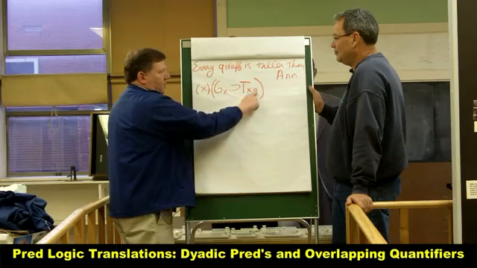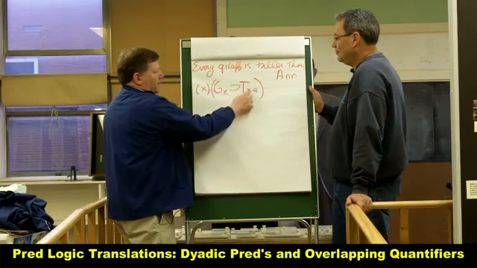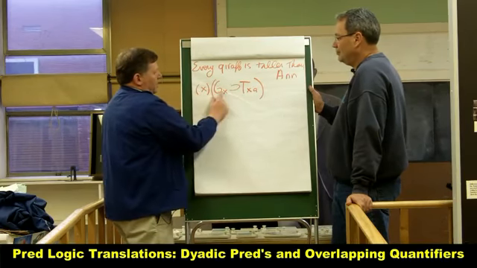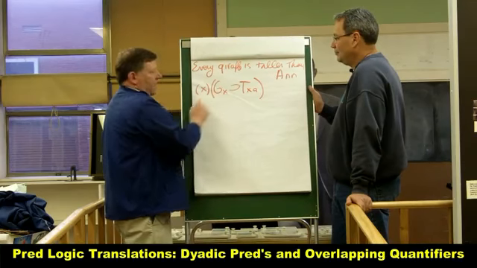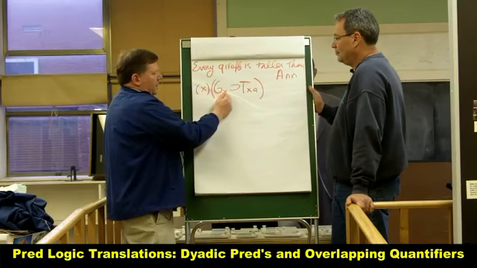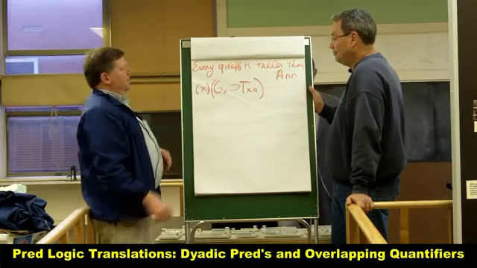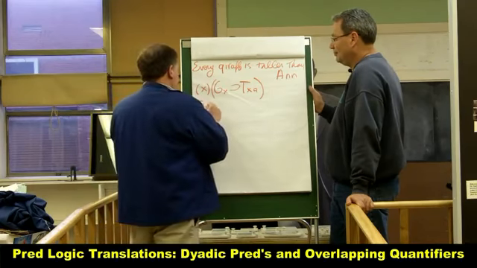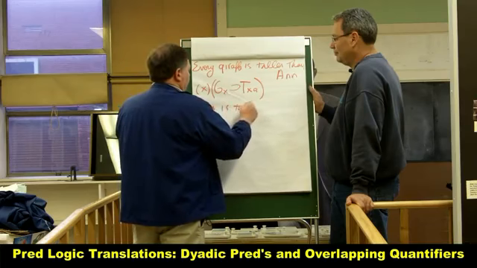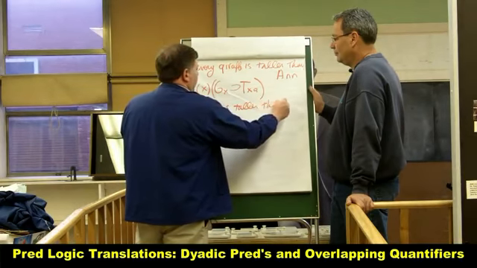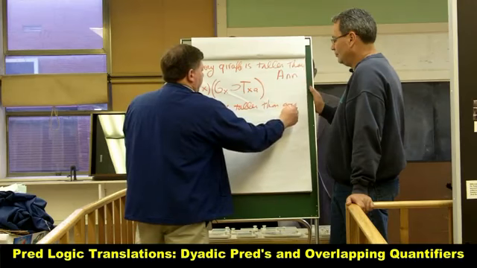A is a singular term standing for Anne. X is bound by this variable. Gx says x is a giraffe. So we're saying for any x, if x is a giraffe, then x is taller than Anne. How's that?